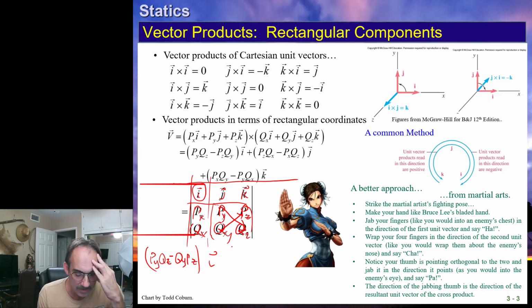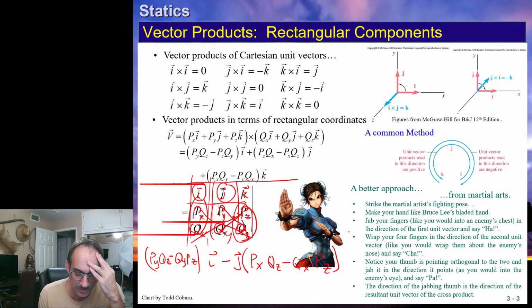Then we go minus the next term, which is j, times, and now if we eliminate this row, we've got these two terms and these two terms, and we do that same multiply this way, multiply this way. So we've got PxQz minus QxPz, j.